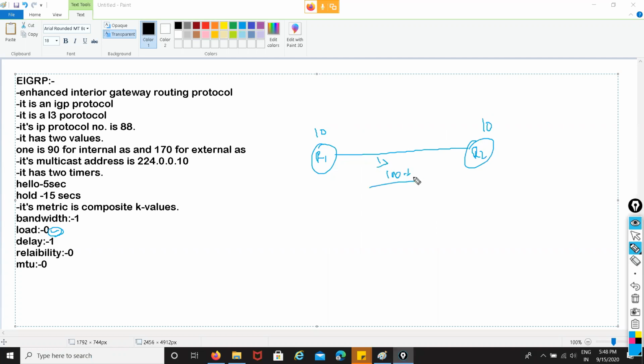But if I send 10 packets from R1 to R2 and R2 is able to receive only 8 packets, it means this path is now 80% reliable.